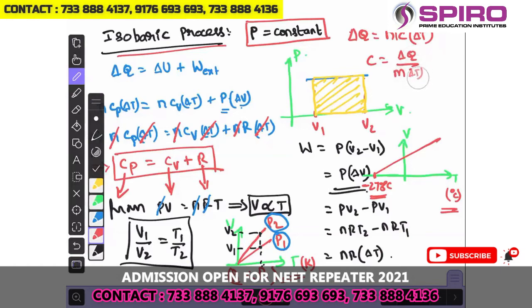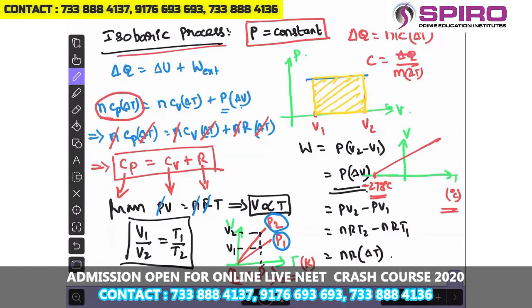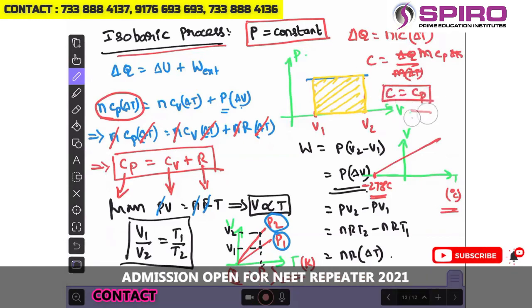Here already you wrote it. Now n Cp delta T, instead of n you can also write m Cp delta T. So the specific heat is Cp here. Of course m delta T will be cancelled. The specific heat in the isobaric process, C equal to Cp. Okay, so these are the various results you have to remember regarding the isobaric process.